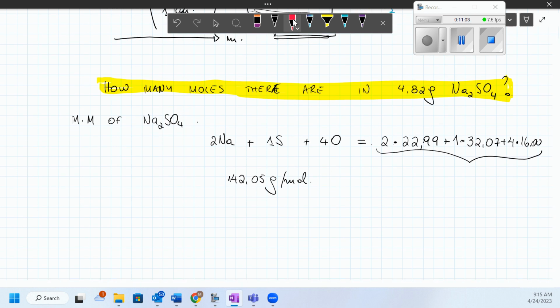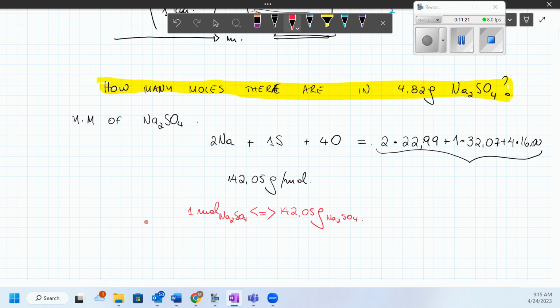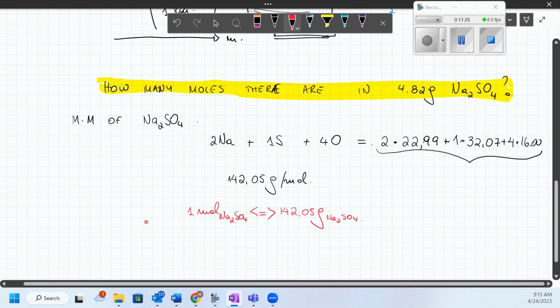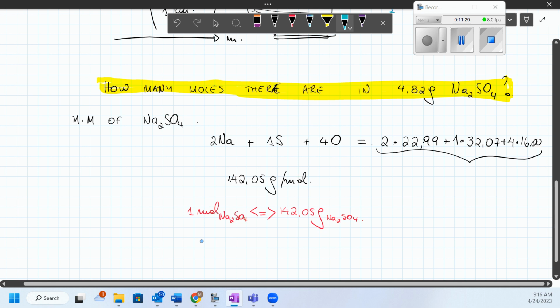What does that number mean? It means that if we have 1 mole of sodium sulfate, then we have 142.05 grams of sodium sulfate, or vice versa. So it goes both ways, which gives us the right to say that, okay, if I write it as a ratio, then I have a ratio of 1.